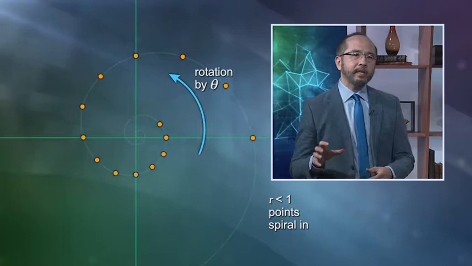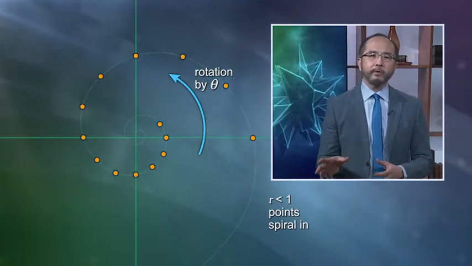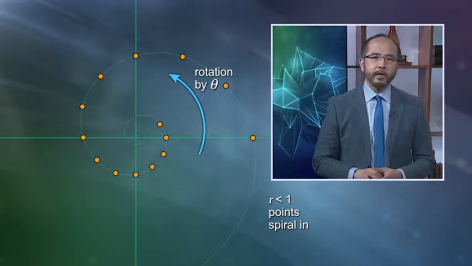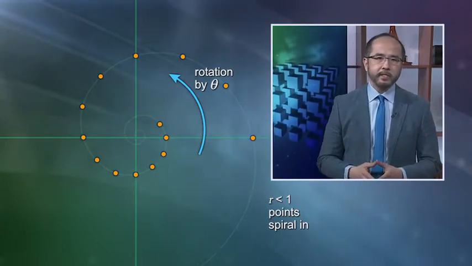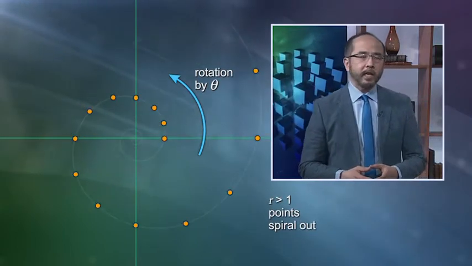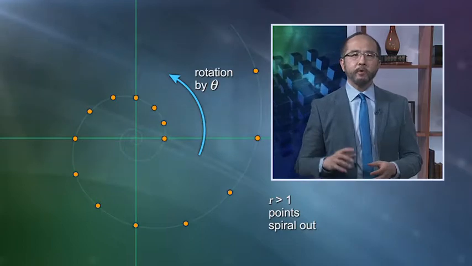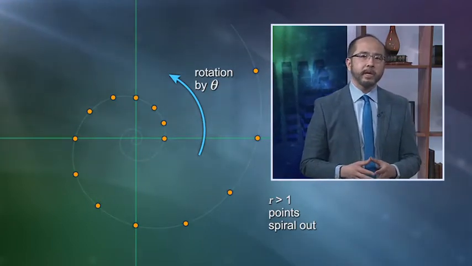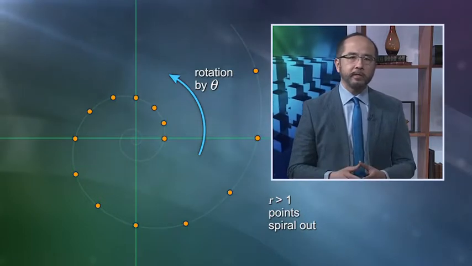And if r is less than 1, you'll get a series of dots which spirals in towards the center. As before, the angle from the origin in each case changes the same amount. And if r is bigger than 1, you'll get a series of dots which spirals away from the center. And as before, the angle from the origin in each case changes the same amount.